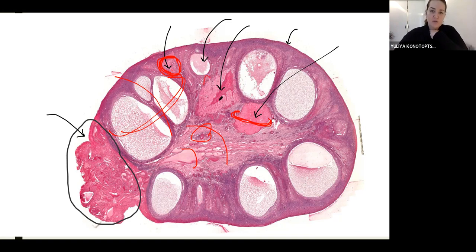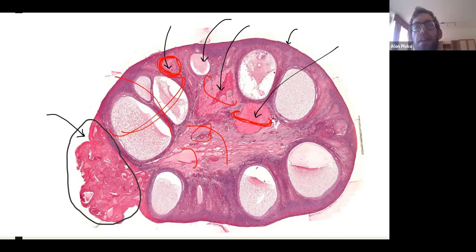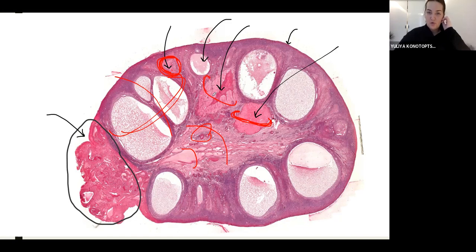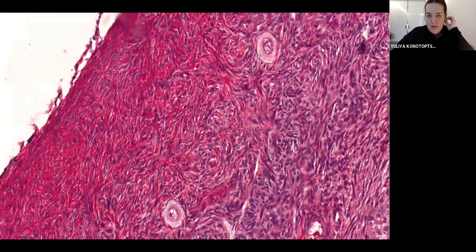And this is the follicle that has just ovulated. So how do you call it? Well, the corpus luteum. Okay, so this is going to be the corpus luteum. So ovulation has just happened. So this is a corpus luteum. Okay, we're in the cortex. You can see some kind of structures like this.